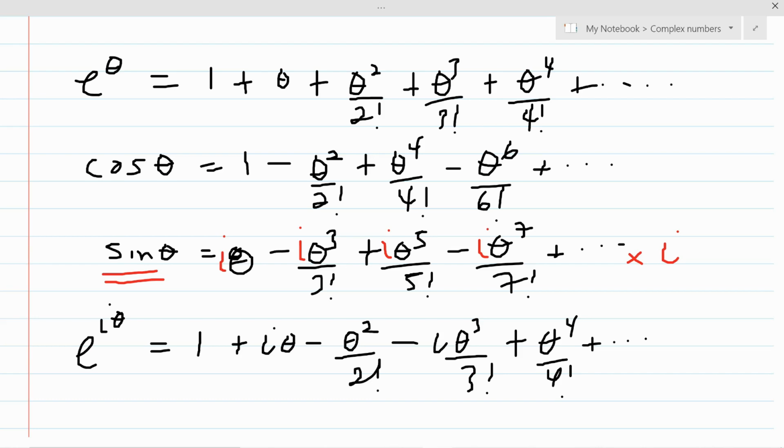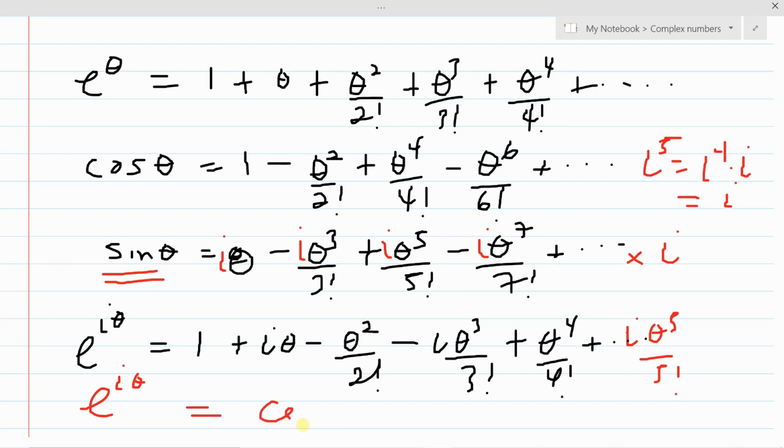It will be like i to the power 5, and i to the power 5 is equal to what? i to the power 4 times i, and i to the power 4 is 1, so it becomes i. Then I put theta to the power 5 there, so I'll get plus i theta to the power 5 over 5 factorial. Then it means that the whole of the e to the power i theta will be the same as summing cos theta and i times sine theta. Look at it.